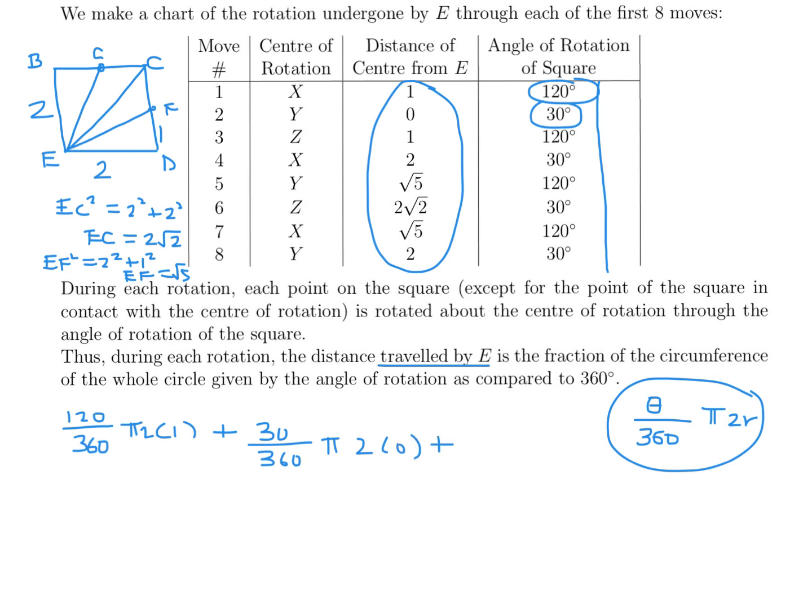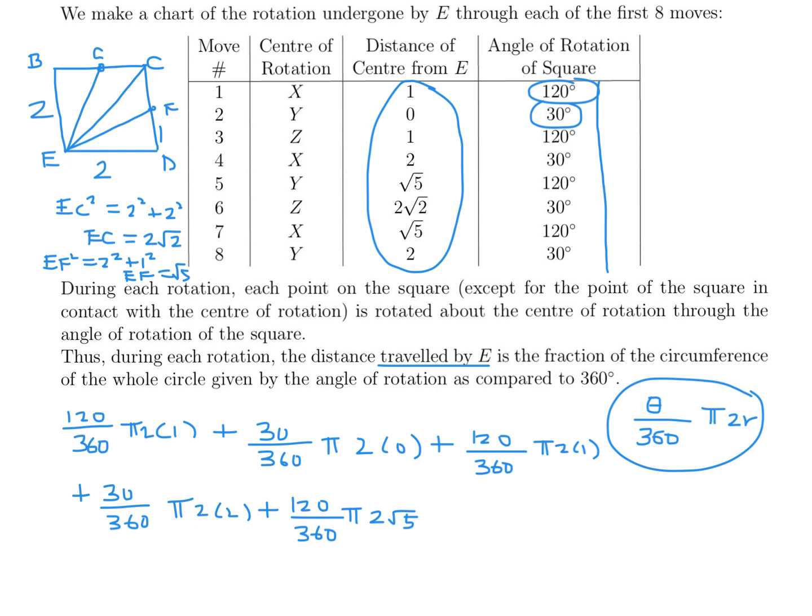And then you just keep going. So this will be 120 over 360 times 2 pi times 1, correct? And then 30 over 360 times 2 pi times 2, plus 120 over 360 times 2 pi times root 5.